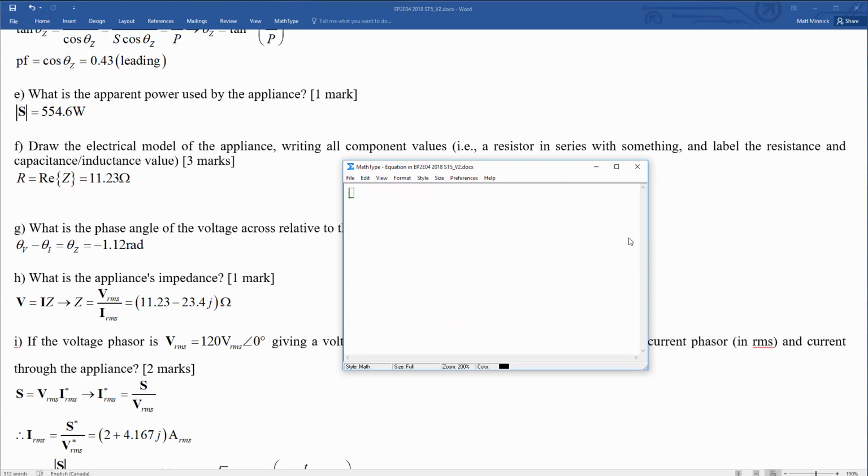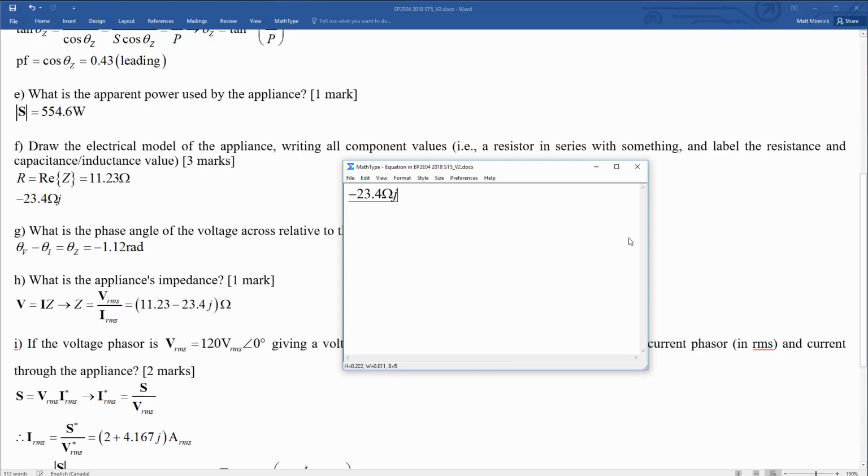What we can say is that the other component has an impedance of negative 23.4 j ohms. So what could be doing that? Well, if we've got a negative imaginary impedance, that has to be a capacitor. And so that's going to be negative j over omega C.